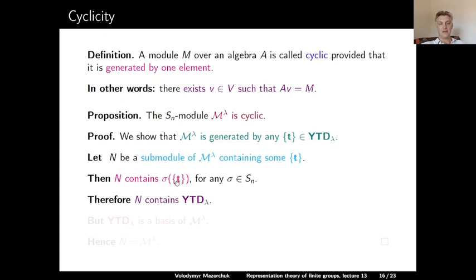But applying Sn to any Young tabloid of shape lambda, we can obtain all Young tabloids of shape lambda. This means that our submodule N must contain YTD sub lambda. But this set is a basis of M lambda, which implies that N is actually equal to the whole permutation module. So this proves our proposition.